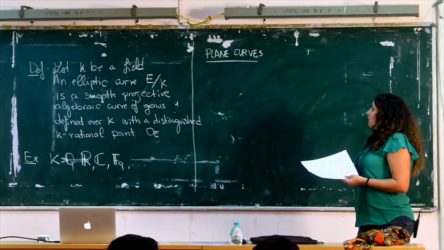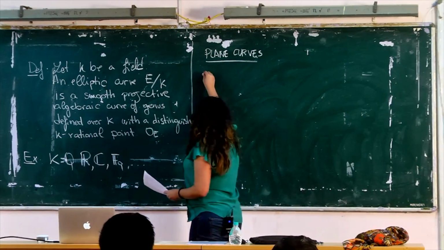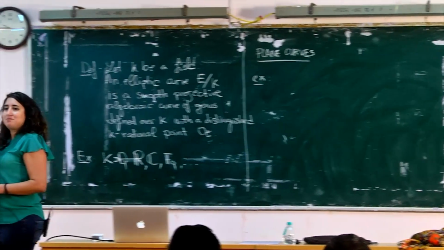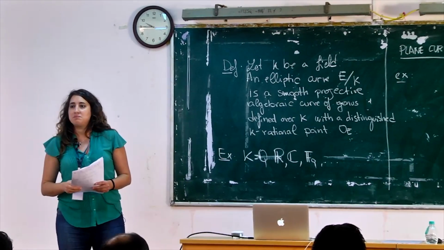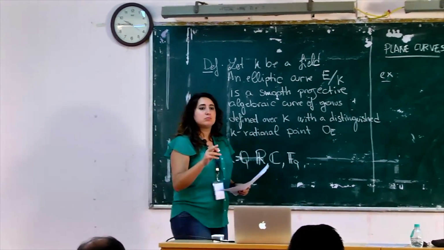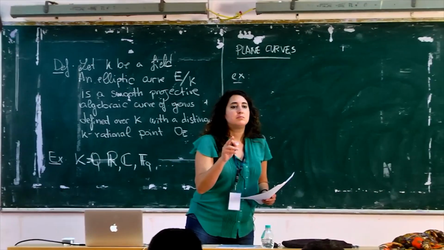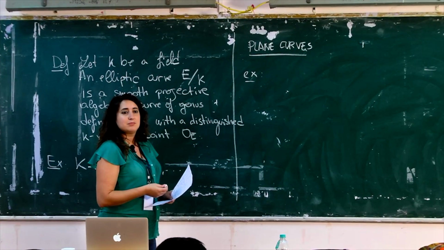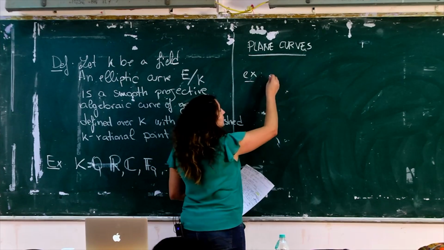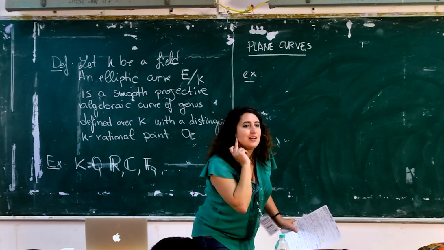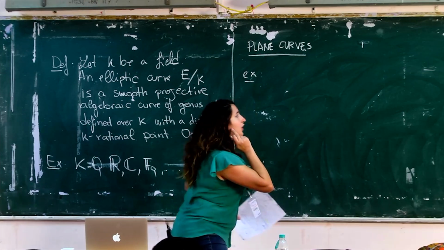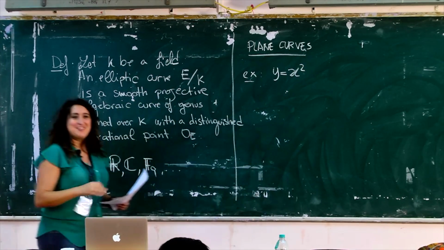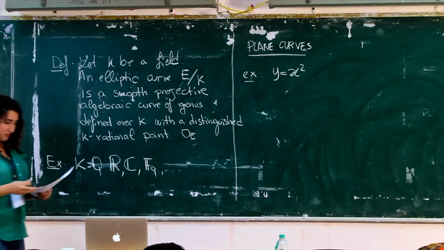So can you give some example of plane algebraic curves? An example? Sorry? Parabola, so how do you define this algebraically? Okay, we normally write it like this, but it's the same, x equals y squared, of course.